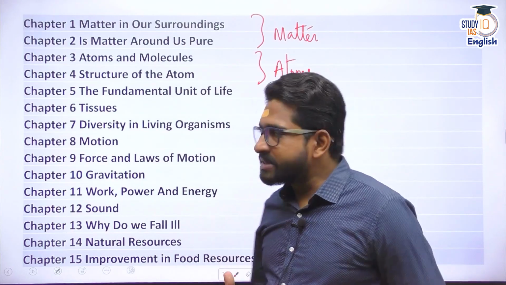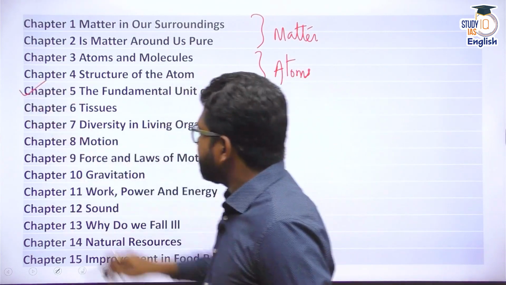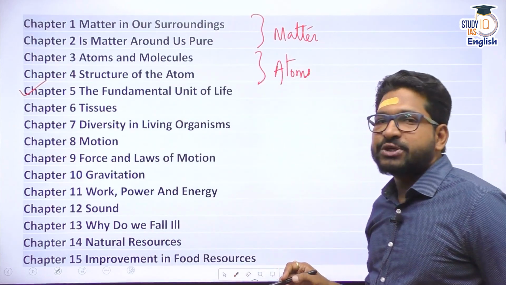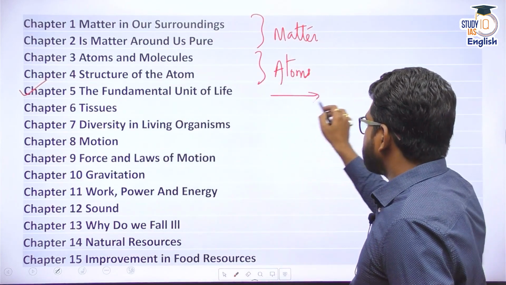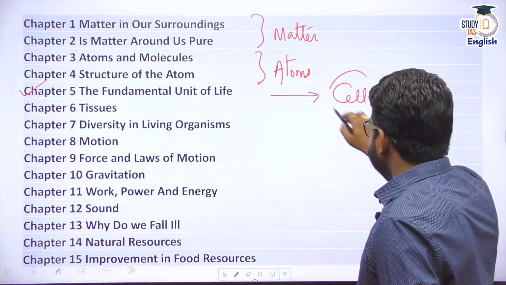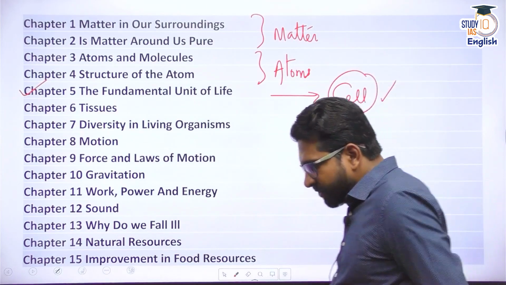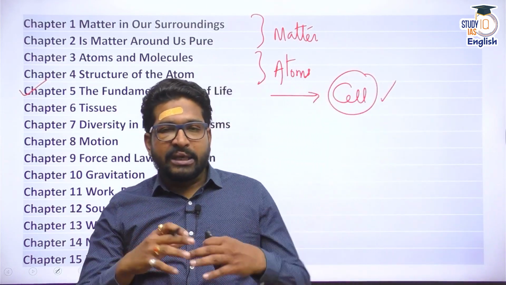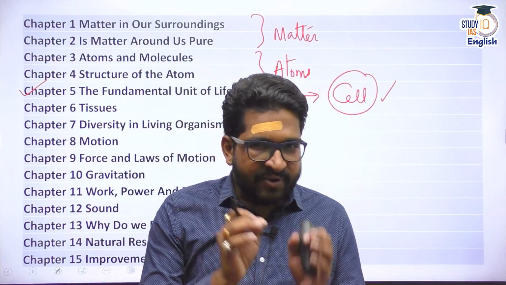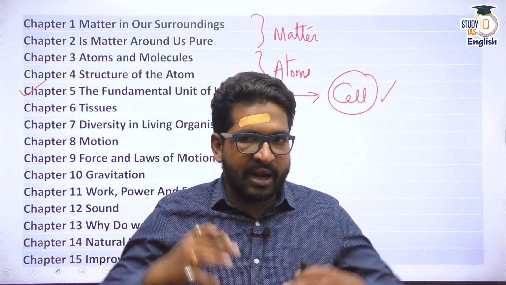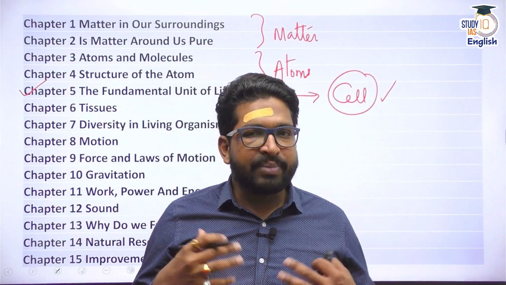Let's move on and discuss today's chapter 5. Chapter 5 is connected to biology. It talks about the fundamental unit of life, which is the cell. So in this interaction, we are going to understand the details about the fundamental and structural unit of our life. Our body is composed of billions of cells.